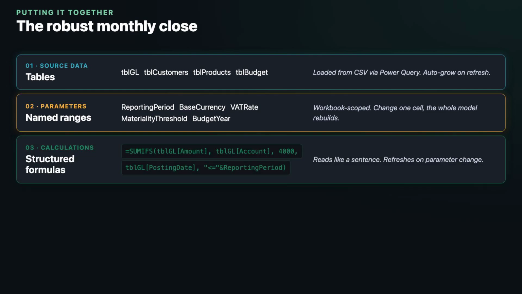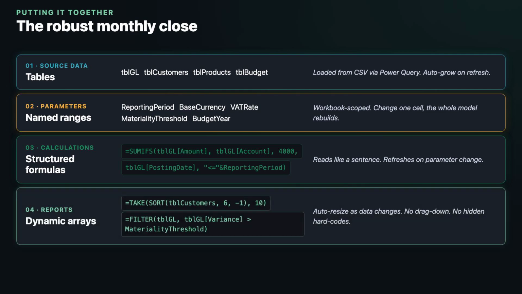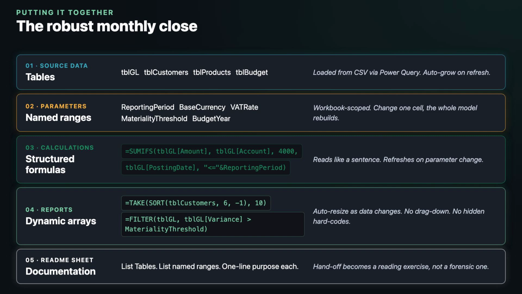Calculations. Every formula references tables and named ranges. Reports. Dynamic array formulas that spill. Top 10 customers with filter plus sort plus take. And a README sheet that lists every table and named range with a one-line purpose.